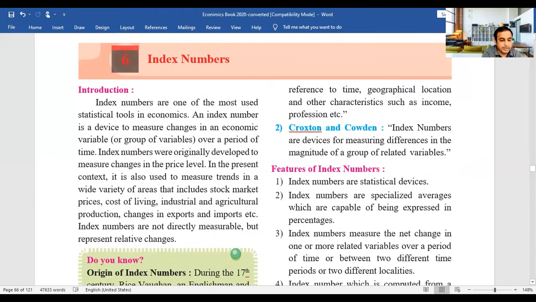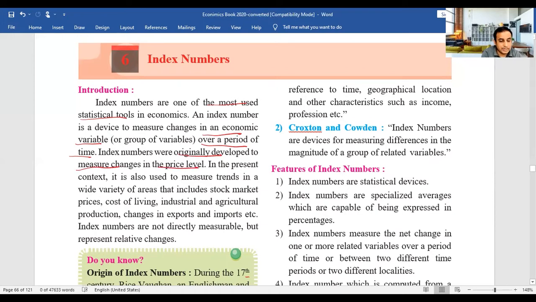Now, index numbers are one of the most important or used statistical tools in economics. So it is a device which measures the changes in an economic variable over a period of time. Index numbers were originally developed to measure the changes in the price level.